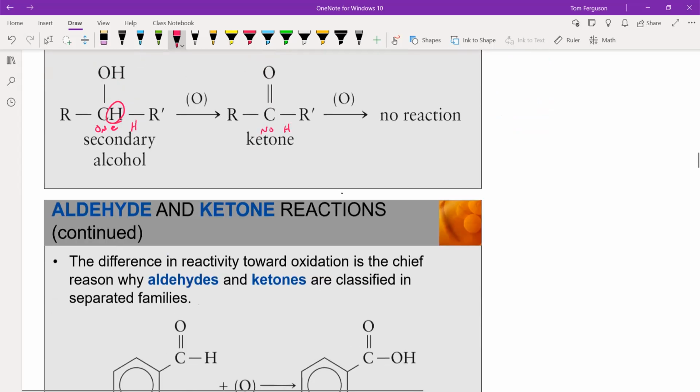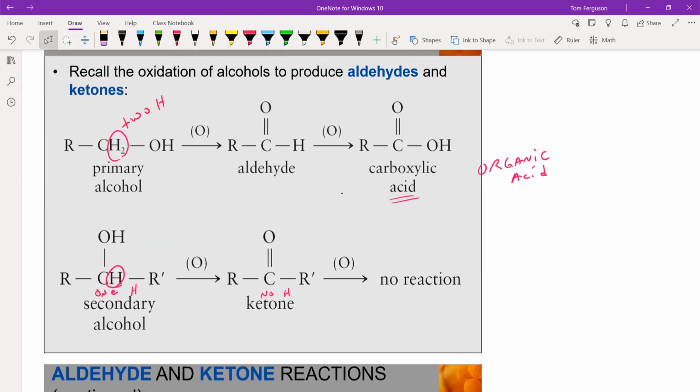If nothing happens, you know you have a tertiary alcohol.